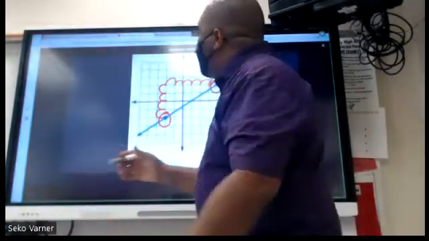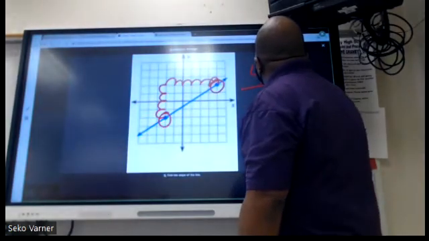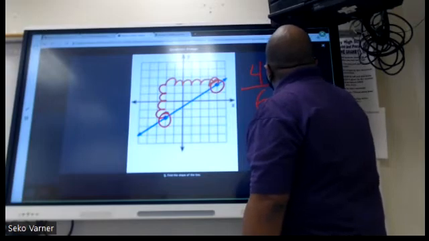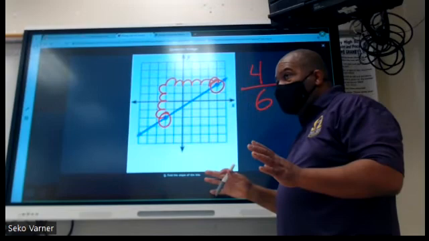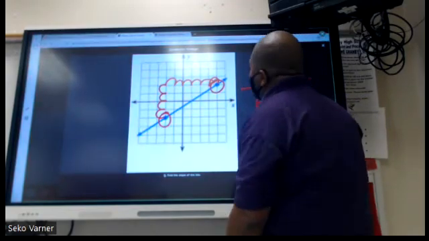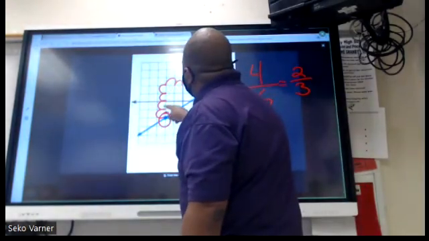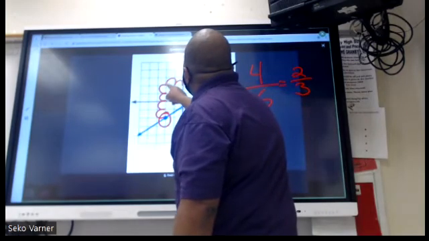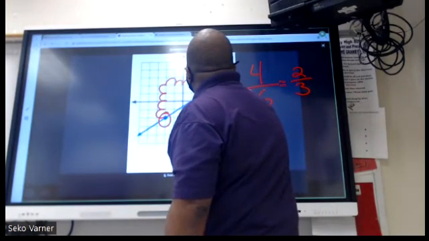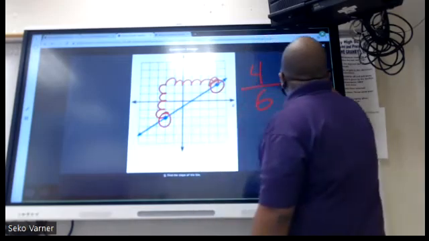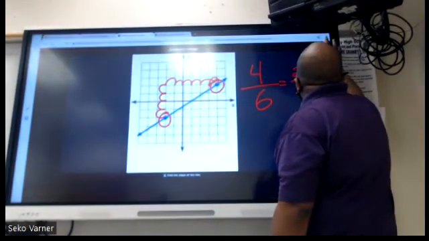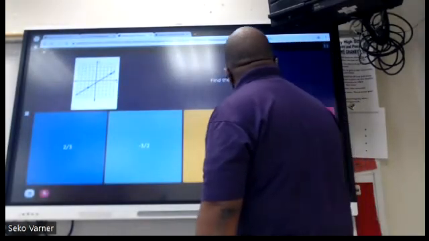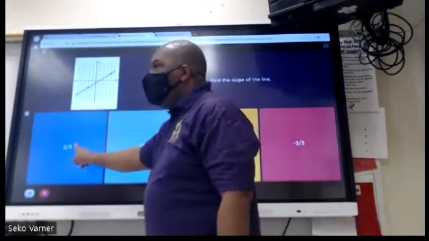So I can divide both of these by 2, which would give me 2 over 3. Does that make sense? All right, let's see if I'm right, because I may have mixed that up. 1, 2, 3, 4. 1, 2, 3, 4, 5, 6. All right, so we're looking for 2 over 3. Do you see 2 over 3? Right there.